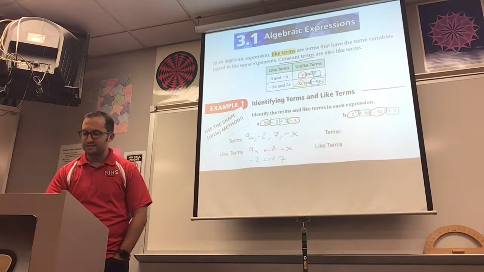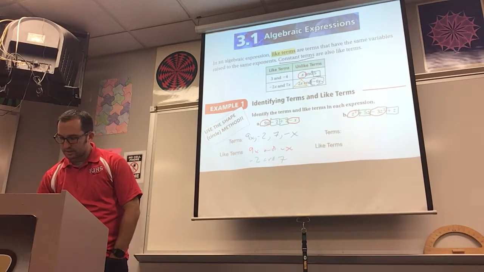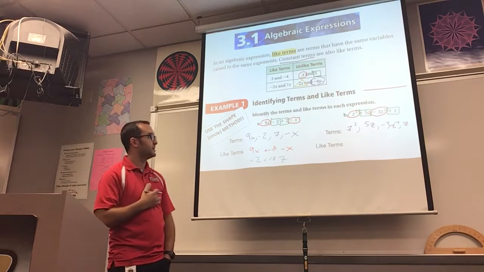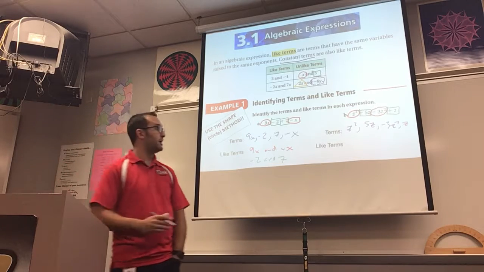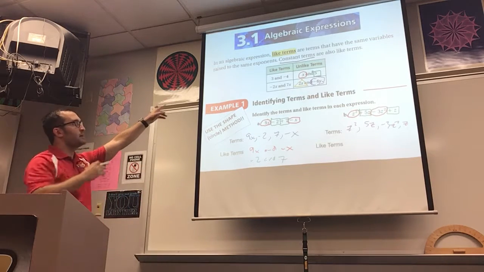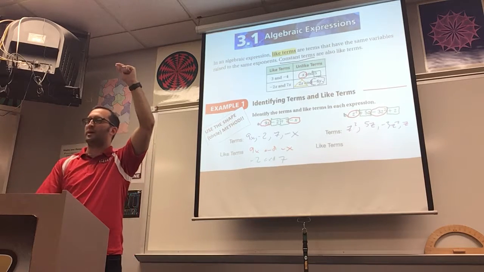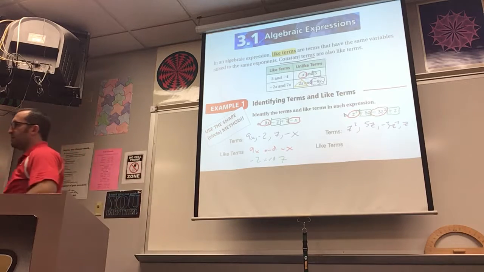All right, and now we go through. Let's list the terms. Terms are z squared, 5z, negative 3z squared, and z. The like terms. Are all of them like terms? Well, they're not all like terms. Why? Because like terms have the same variables raised to what? The same exponents, okay?